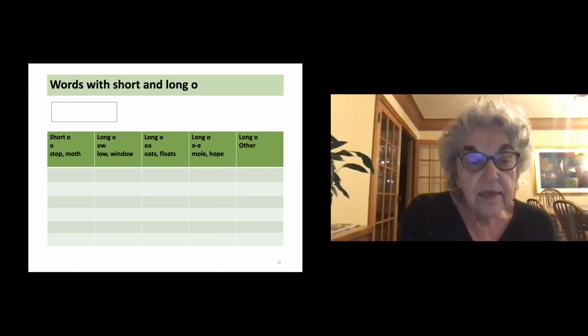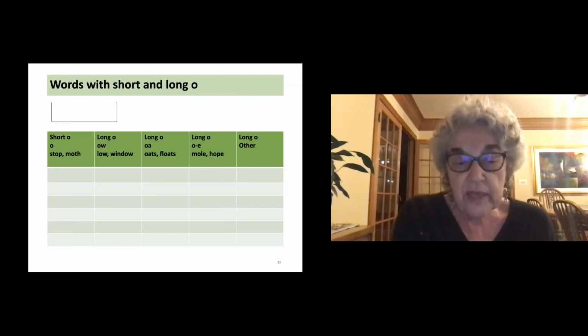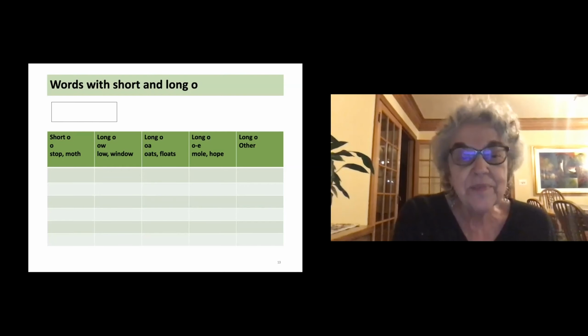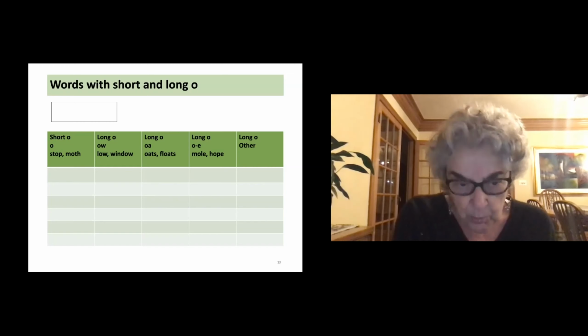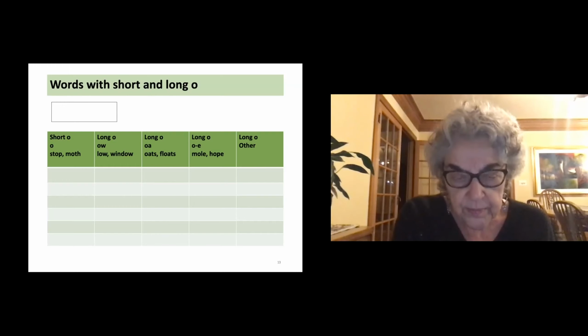Stop and moth. And then next square, long O. The sound O here made by the letters O-W. What letters? O-W. Good. And example words. First word is low. Next word is window.